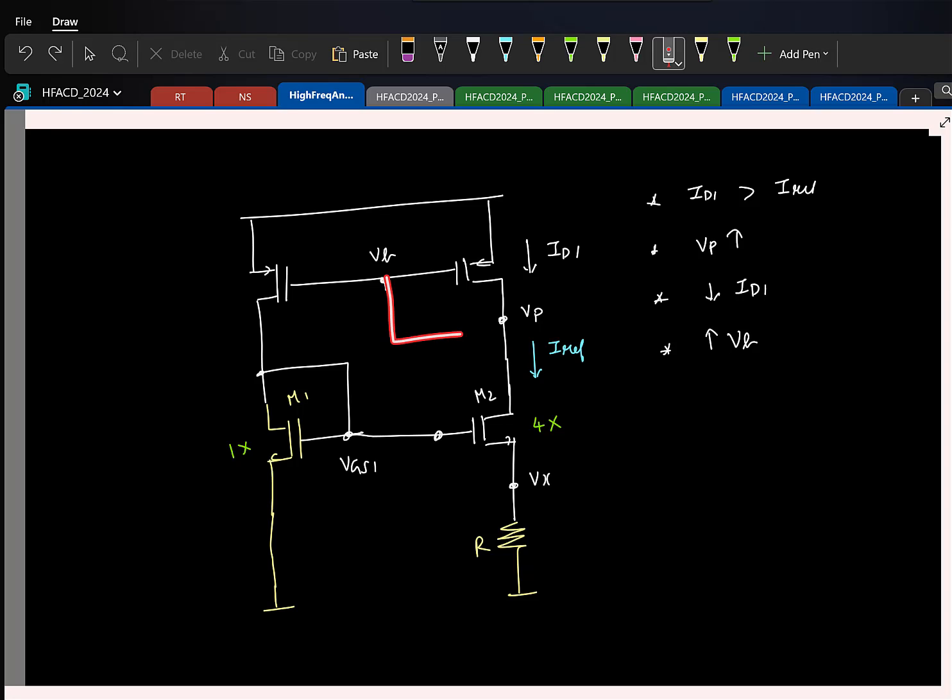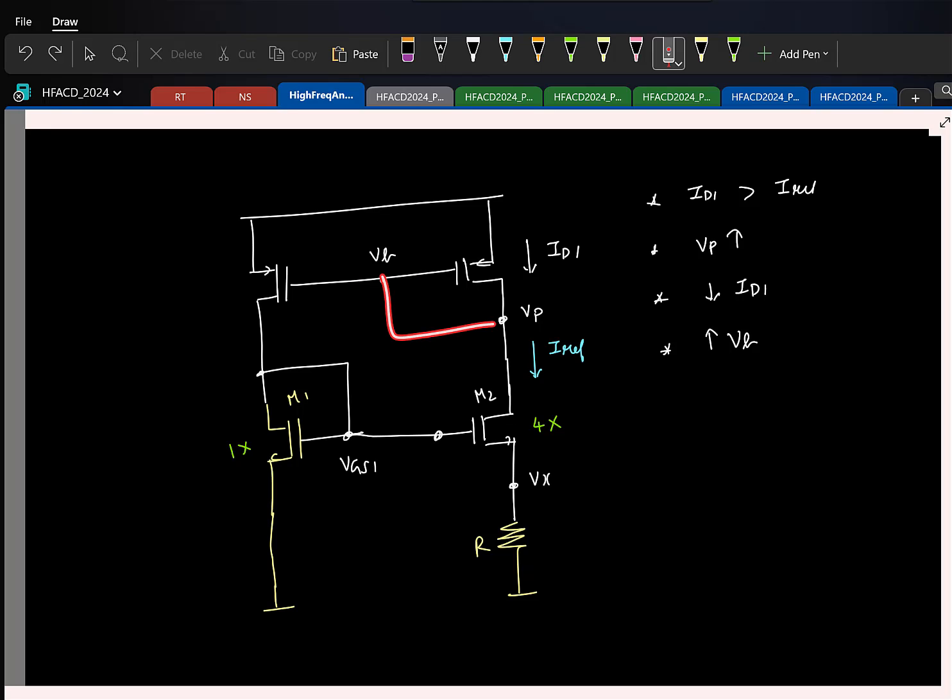So this feedback that we are using ensures the currents here to be equal, but it doesn't make sure that VP follows this voltage. So we can no longer use the simplistic feedback, we should have a stronger feedback. I should be sensing this voltage, comparing it with this voltage, and then tuning this, right?